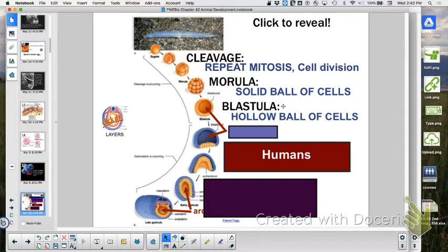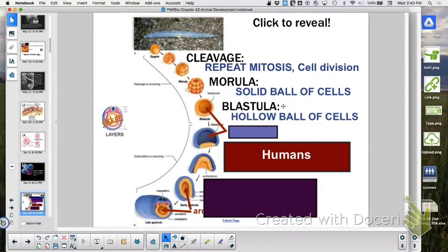And if you are a deuterostome like us, any kind of echinoderm, that opening becomes our anus. So if you have a complete digestive system, you have an indoor and an outdoor. This right here becomes our outdoor and a new mouth forms. For the other ones, it's their mouth and then an anus forms secondarily.